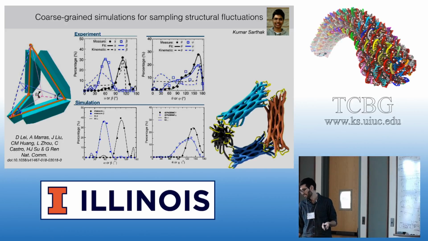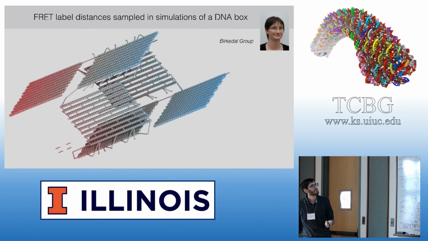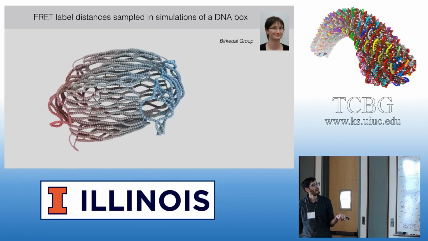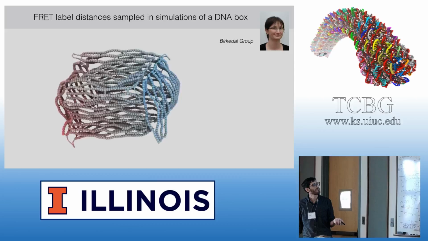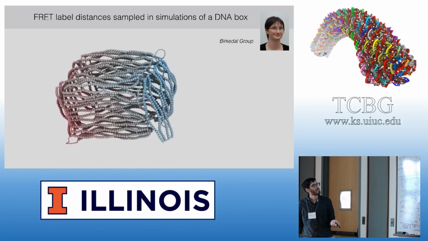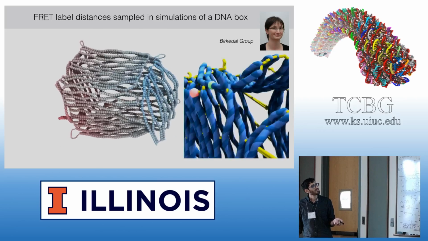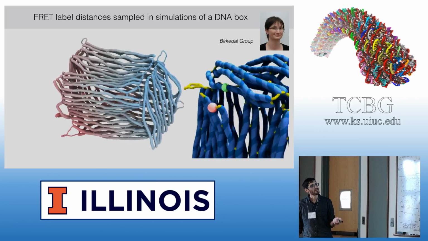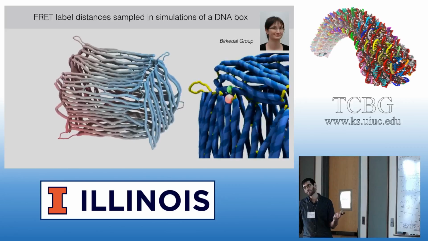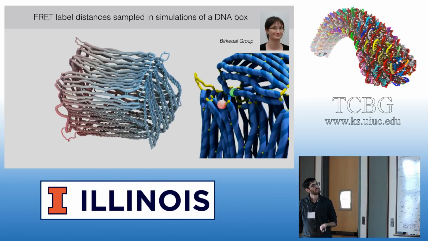Another application that you could do with the script is just to take a structure like this box from Victoria Birkedal's group and run a simulation of it folding, and then map to high resolution, and then look at specific sites on the box that are labeled with red dyes so that you can try to compare to their FRET measurements.